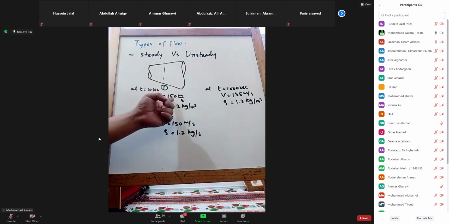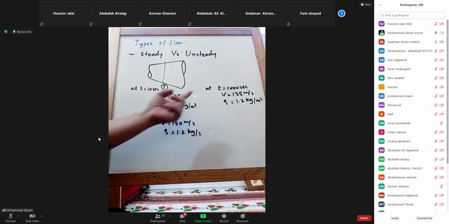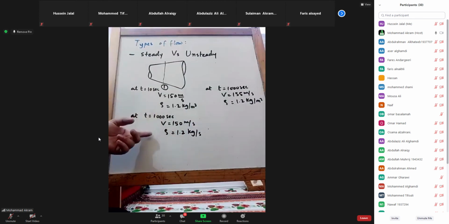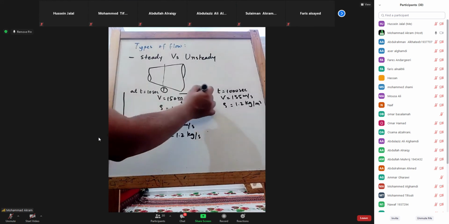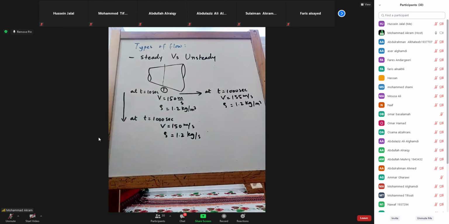Velocity is changing, 150, 155. If they are not changing with time, then it is steady. So if you take the first two data, then the flow is steady. If you see these two cases, then the flow is unsteady. Am I right?